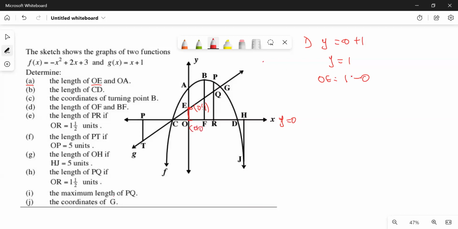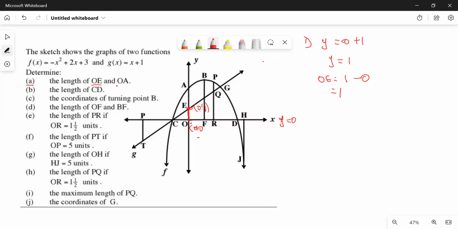So when you want to get OE, because it's on the y-axis, even if you subtract the x values, it's still going to give you 0. Then you're going to concentrate on y. 1 minus 0 is going to give you what? 1. So how do we do it? We always take the top minus the bottom.